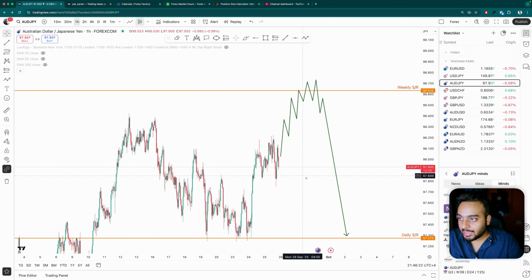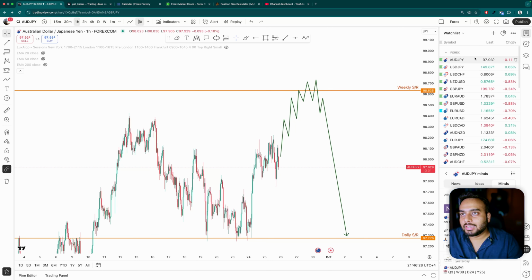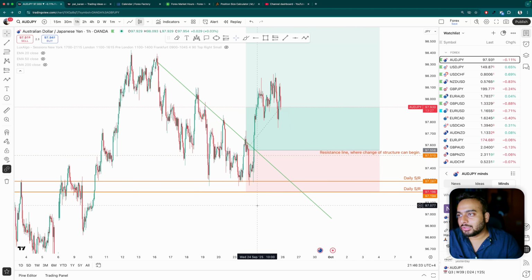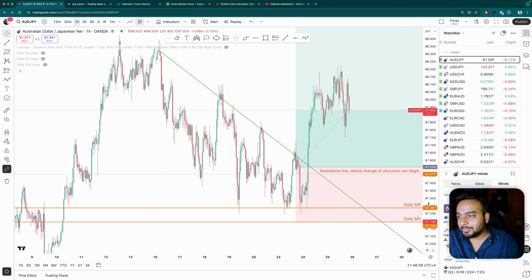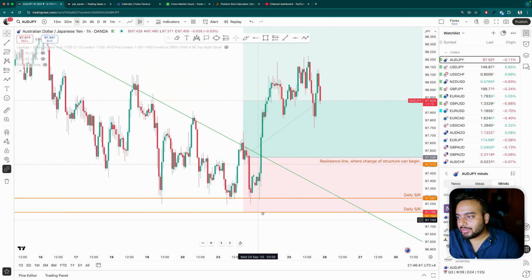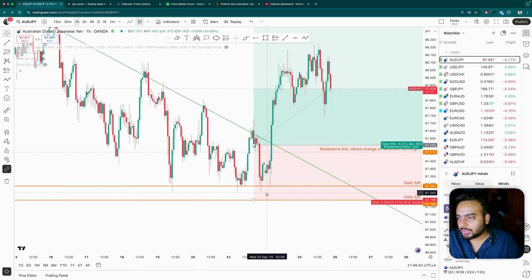Right now, I am already in a trade. I don't know if it's going to hit my TP or not, but that is part of the game. That is part of the game for me. I am in the trade since it's almost the third day now. I entered on Tuesday and the price went into a very big drawdown. That's why you have to give your stop loss good enough breathing room.